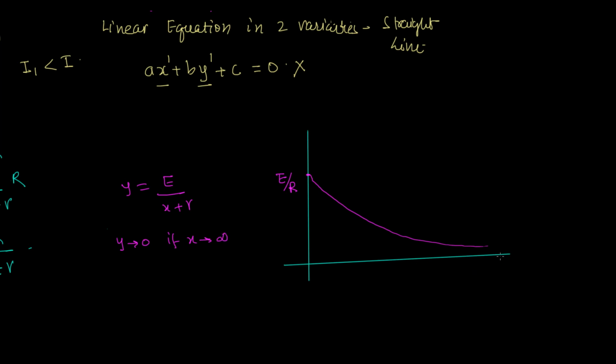It cuts it, but at infinity. Only when the value of capital R goes to infinity does it cut it there. That's why I've shown this line to be parallel and just left it at that. Do we get that?